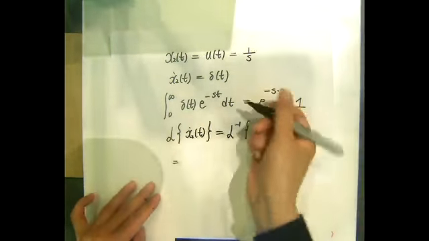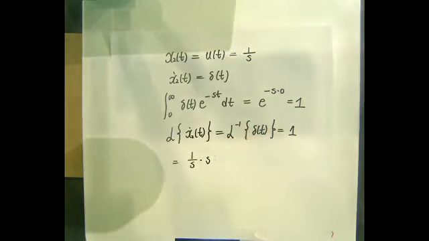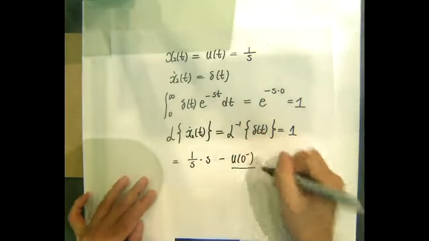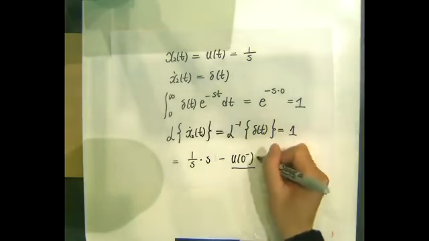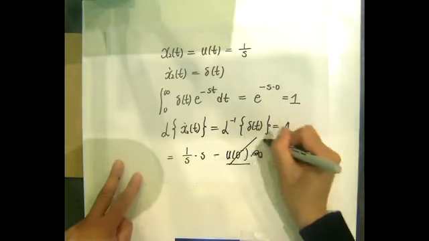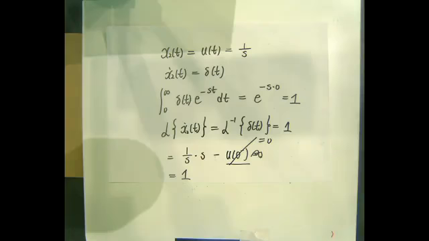So I have to consider my 1 over s multiplied by s minus u(0 minus). This one is 0. So this one is equal to 0. So this also indicates it's correct. And if you don't have this part, then it's not correct. Because without considering this part, it might be not correct.